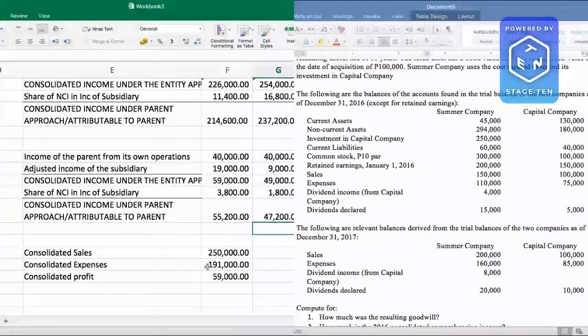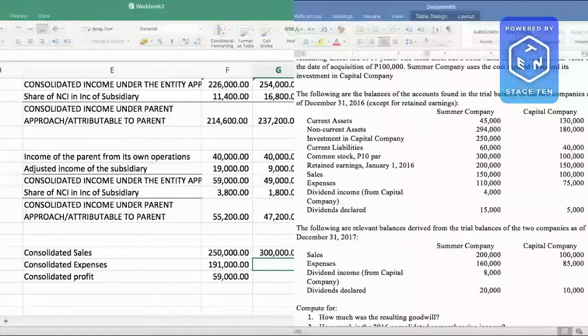Okay. But what if we are asked to prepare the consolidated income statement, class? Let's compute for consolidated sales. 200 plus 100. We will have 300,000. Consolidated expenses. For consolidated expenses, class, we will not just add 160 and 85. What's wrong with 160 and 85? The consolidated entity does not agree that the expenses is only 85. It's understated by 6,000. So we add 6,000.